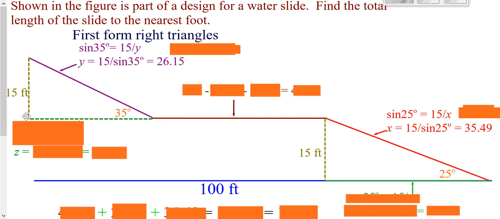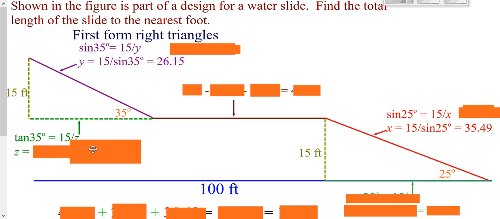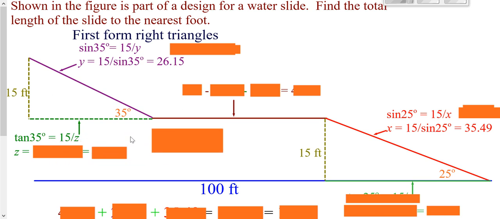So to figure out this green here, that's adjacent to my angle, and I have my opposite. So I know I'm going to go tangent of my angle equals opposite over adjacent. Get z out of the bottom by multiplying by z, and then get rid of the tangent by dividing. I get my calculator ready form, and I type it in.